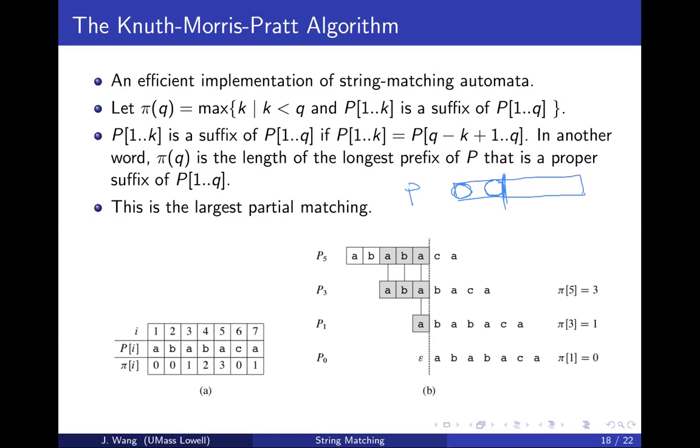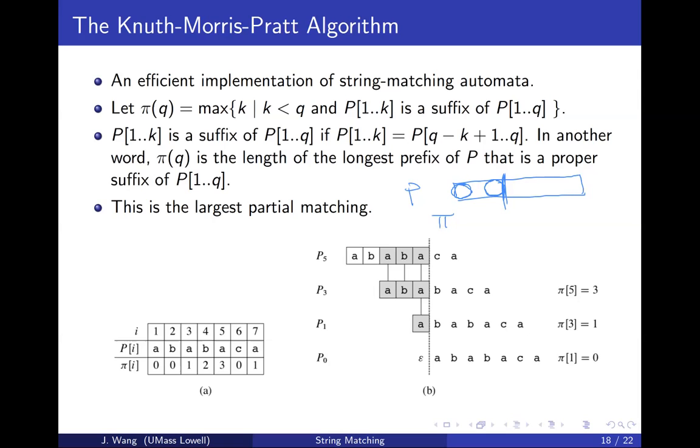That determines my next matching position when my partial match cannot continue. So that's the core idea of KMP. Okay, so that means we first compute this thing. Let me just use an example to look at KMP, then we come back to this.